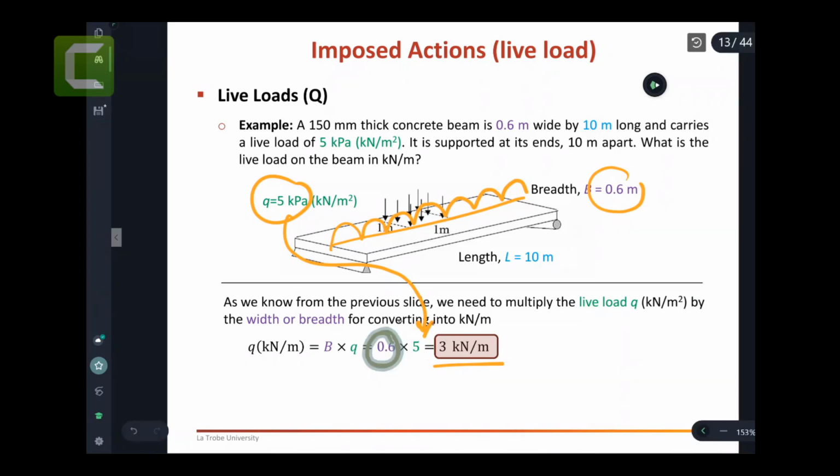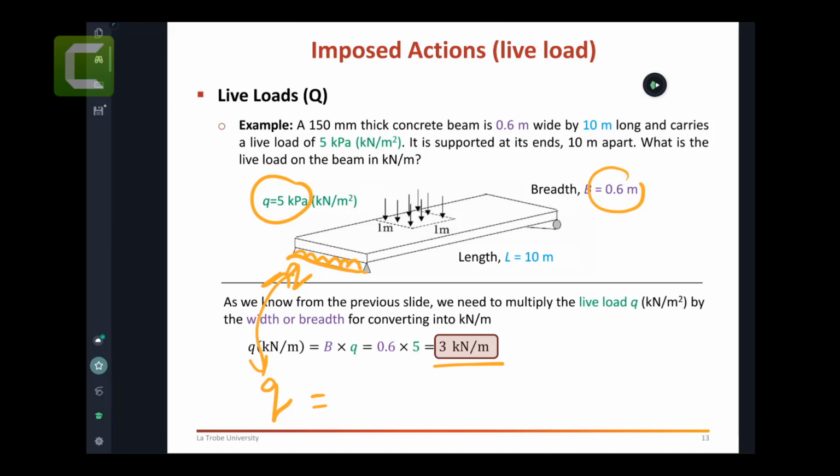However, this whole story will change if I tell you, no, I want to design this support, this guy here. Then you have to multiply what? Can someone tell me the numbers? You're going to Q. You're going to be what here? If I want to find the line load on the support, just the numbers. Two numbers? Yeah. 5 times 5, which is 25. Correct.